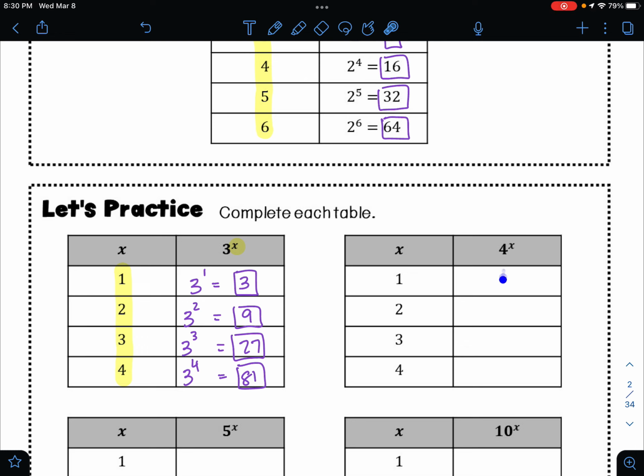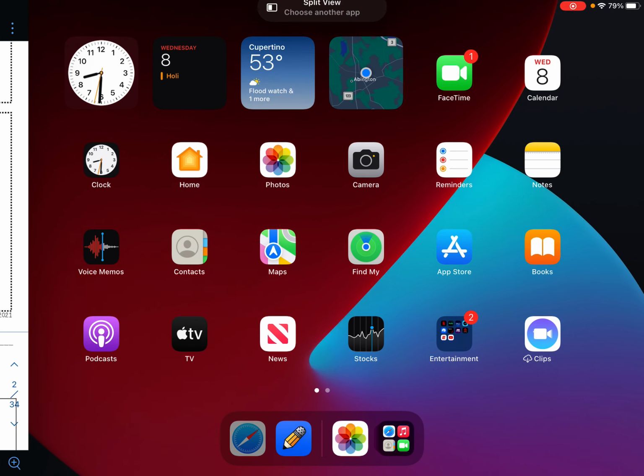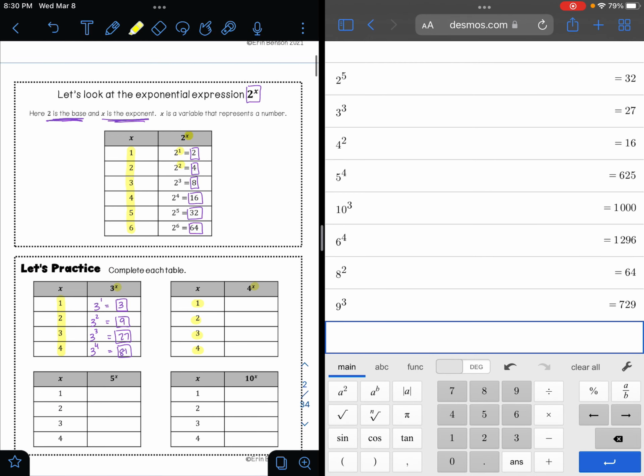Go ahead and see if you can fill out this one for 4. Again, you're just going to be taking each of these x values and plugging them in for the exponent. So if I look at this one, if I do 4 raised to the power of 1, we get 4. 4 raised to the power of 2 is 16. 4 raised to the power of 3 is 64.